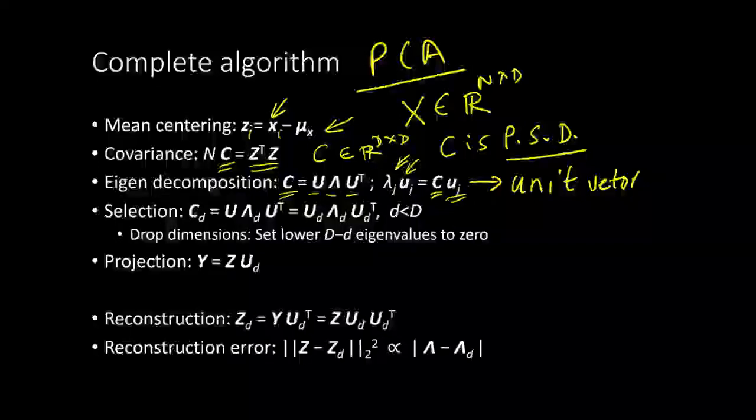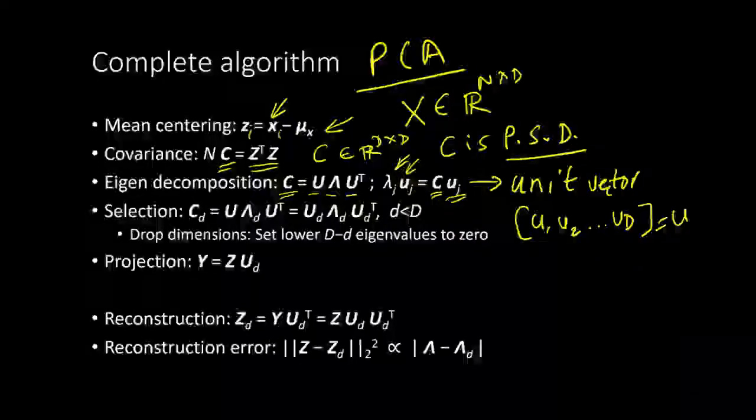How do we go from these unit vectors to the matrix capital U? We just stack all the vectors together. We take the u1 vector, the u2 vector up to the ud vector, and stack them together into a matrix, and that becomes U. And what is the lambda matrix?